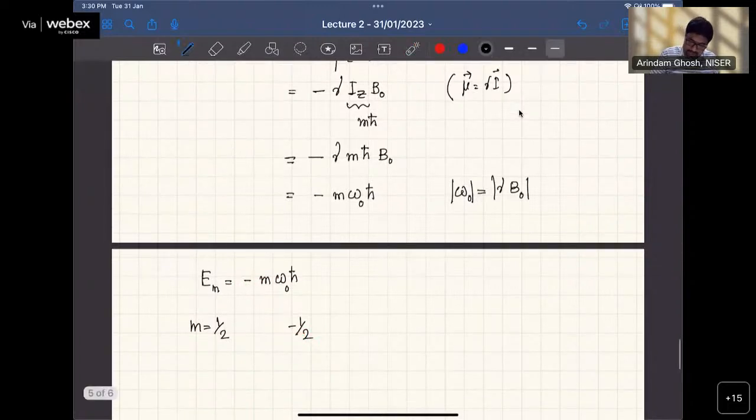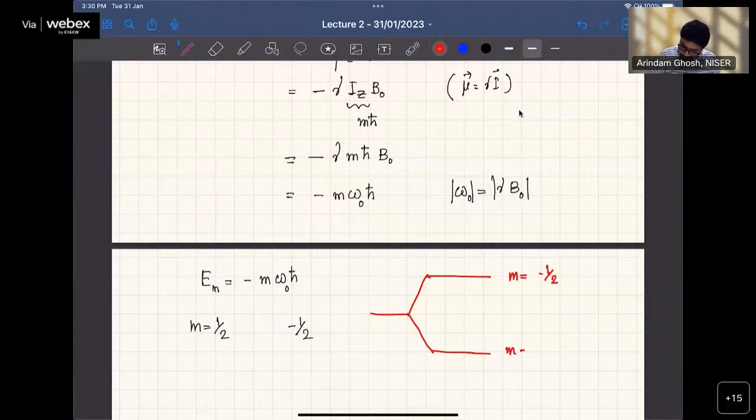So therefore we can draw it this way. We'll have a split like this. Higher energy is for m equals minus half, lower energy for m equals half, and these are the two energy levels. This is called E minus half, and this is called E half.